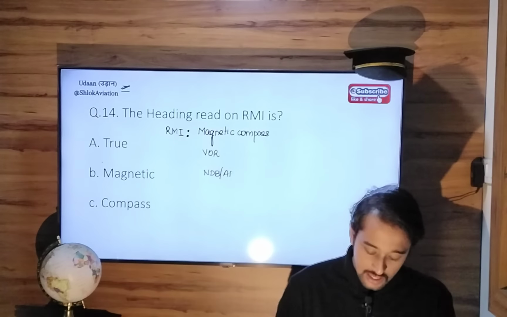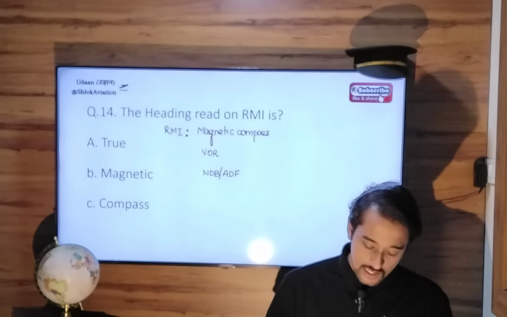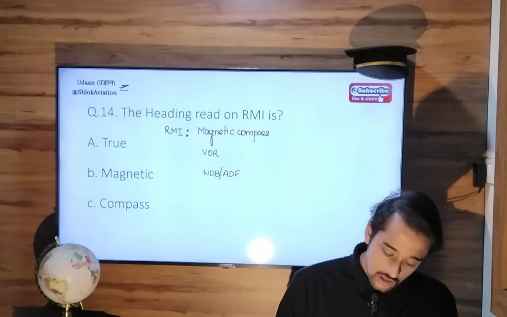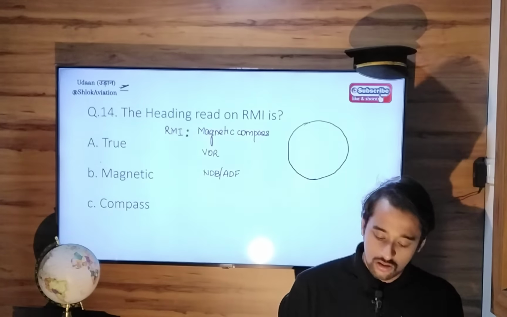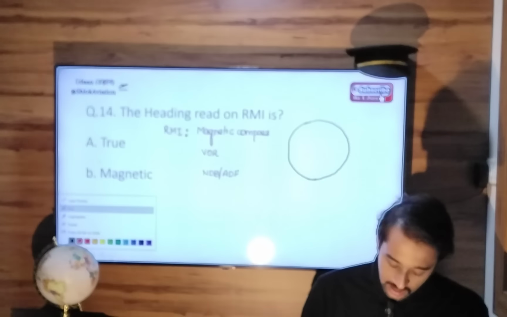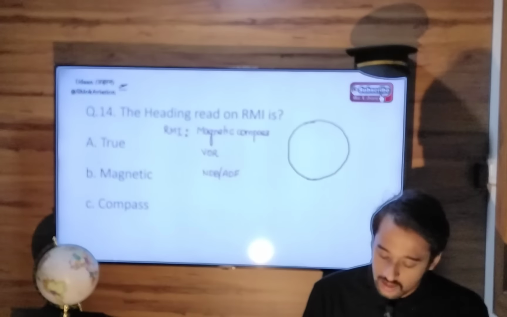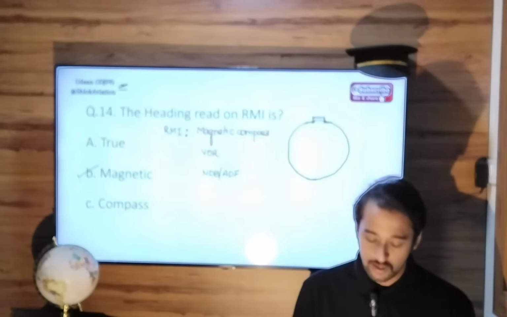NDB is a ground equipment, ADF is your airborne equipment. So it's a combination of this. Next, the instrument looks something like this. On the top of the instrument will be represented your aircraft heading, which will be your aircraft magnetic heading. Correct answer will be option Bravo.